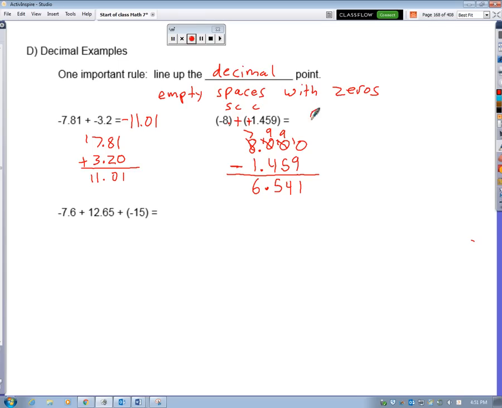So my answer is 6.541. Now do our final step. Go back to the problem because we have to give the answer the same sign as the bigger number, the absolute value. This time it is negative 8. Has a bigger absolute value than 1.459, so our answer becomes negative.